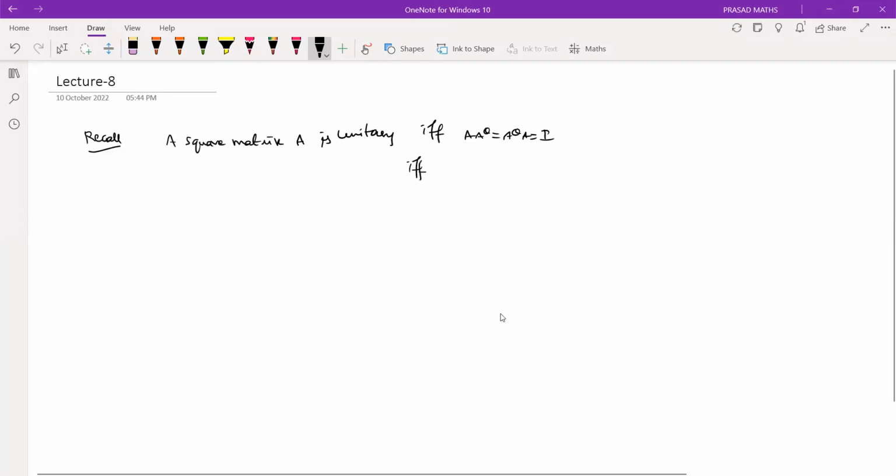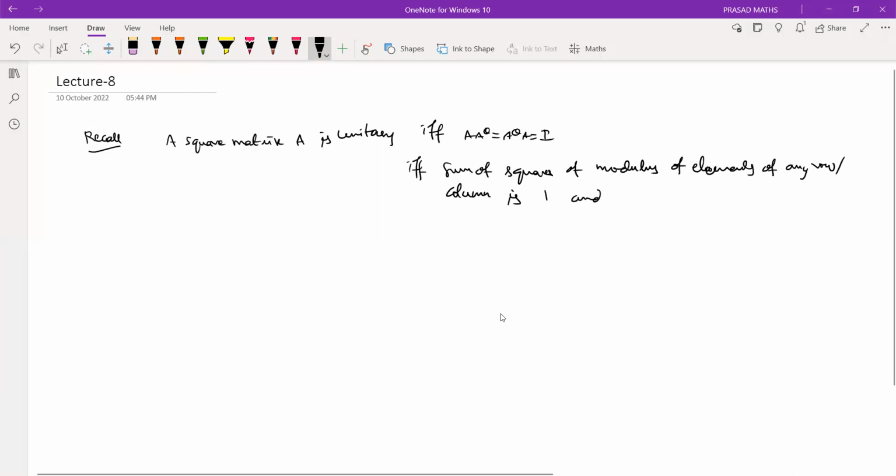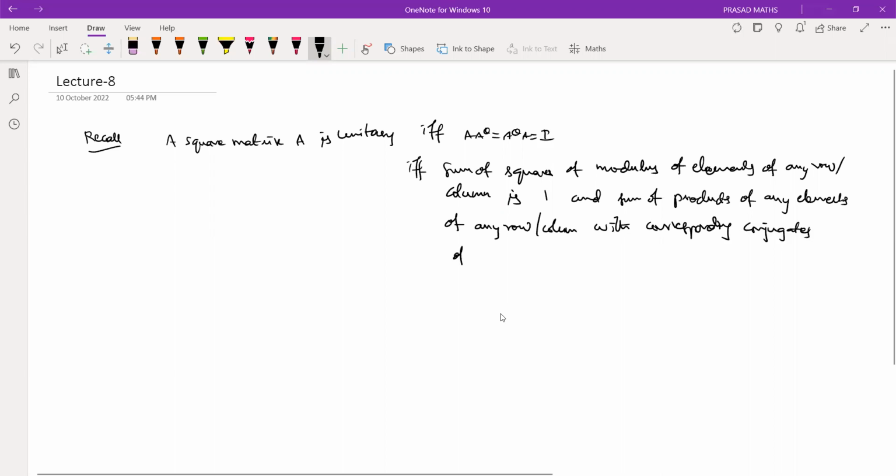Or else, the sum of squares of moduluses of elements of any row or any column is equal to 1, and the sum of products of elements of any row or column with the corresponding conjugates of another row or column is zero.